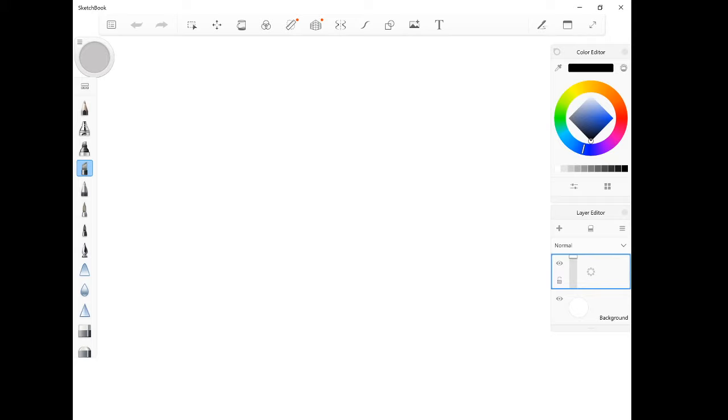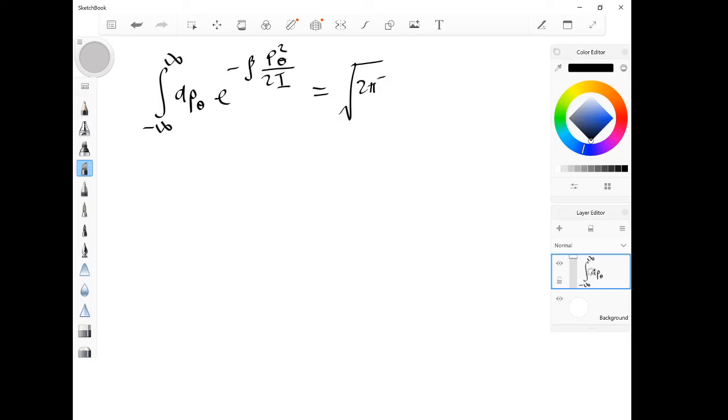And so we also have dp theta e to the minus beta p theta squared on 2I, and this only has quantities relating to itself, so this is all good, and we can just say that is going to be the square root of 2 pi I on beta.